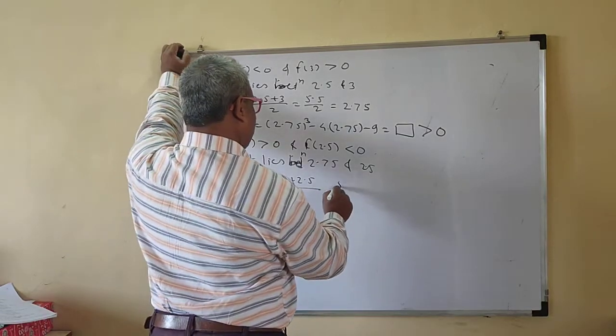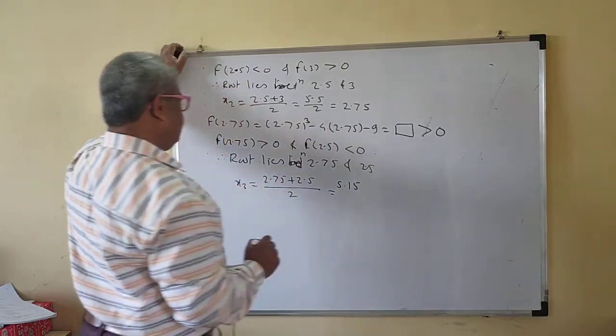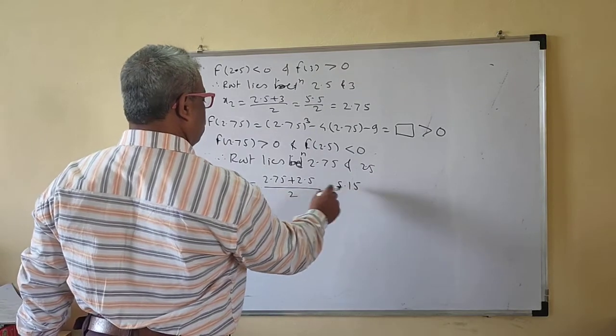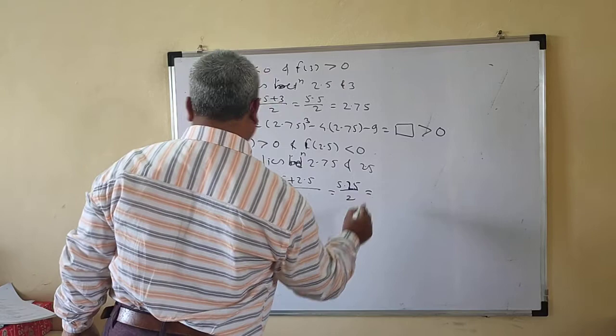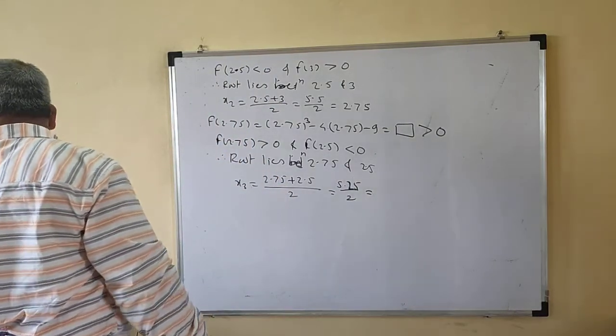So 2.75 plus 2.5 upon 2, that is 5.25 upon 2.